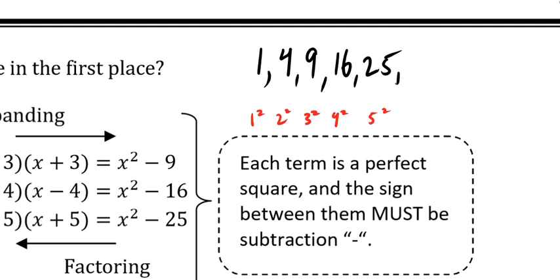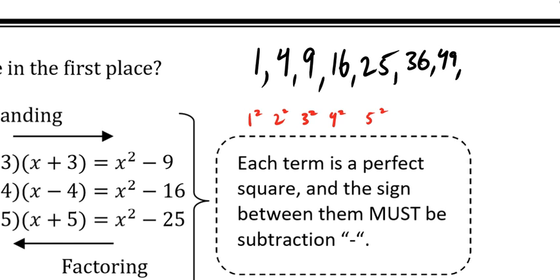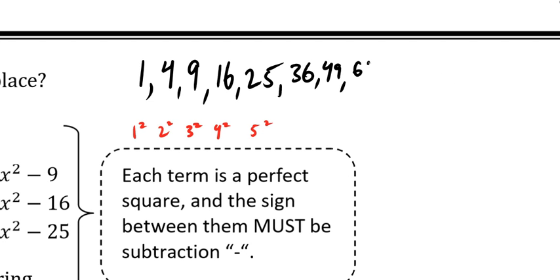Close. 30 what? 36. 6 squared. What's 7 squared? Come on, help me out. Get your calculator if you have to. 49. 8 squared. 9 squared. 10 squared is 100.